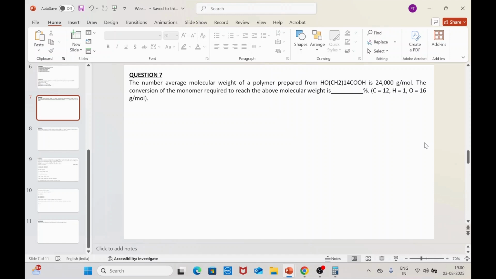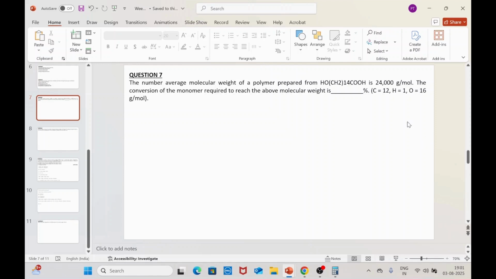140. So okay, before the answers, what is the value of that Mn by M0, right? Molar mass of this unit.